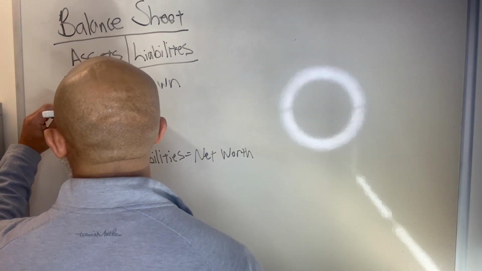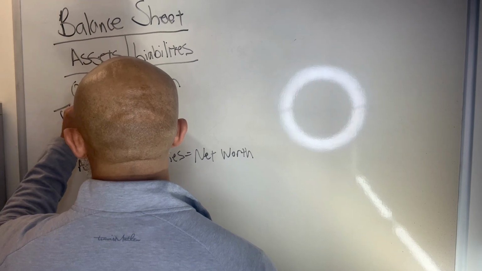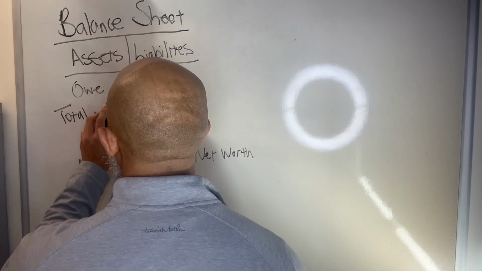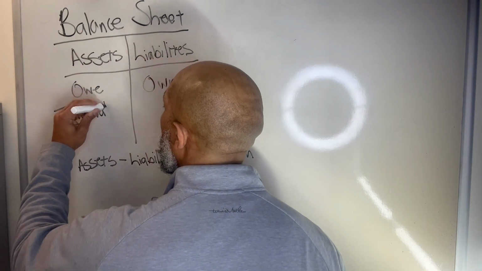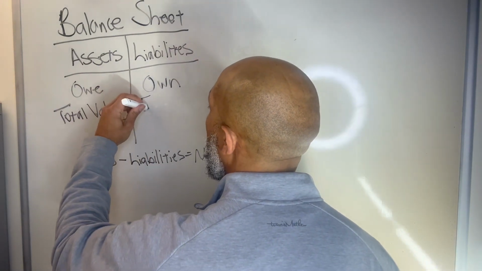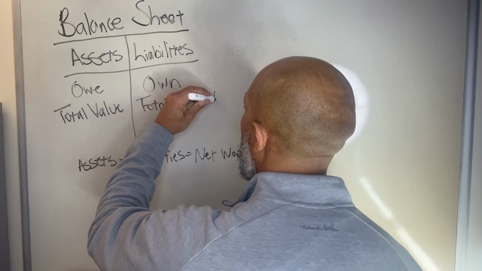So as far as the asset, what is the total value of the house or the car, and what is the total balance that is being owed, right?